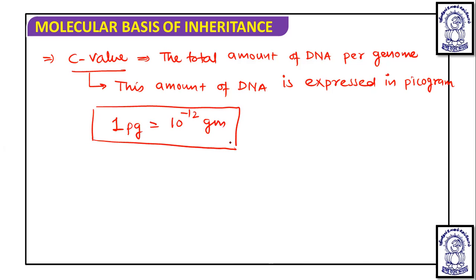So this is the C value, that is the DNA content per genome. Per genome means the total DNA content present in one set of chromosomes.